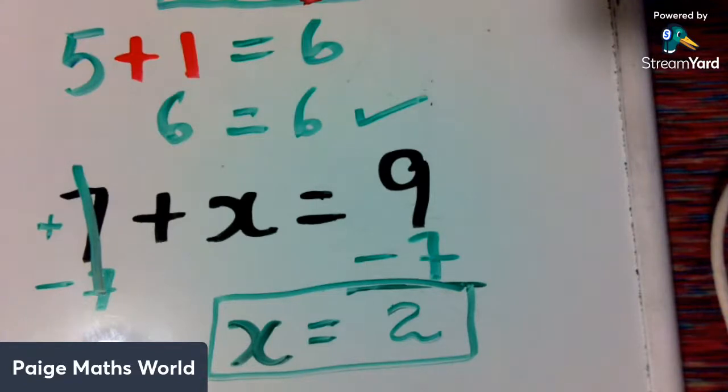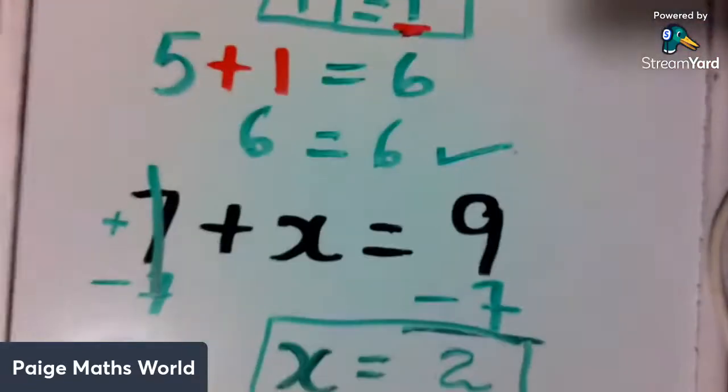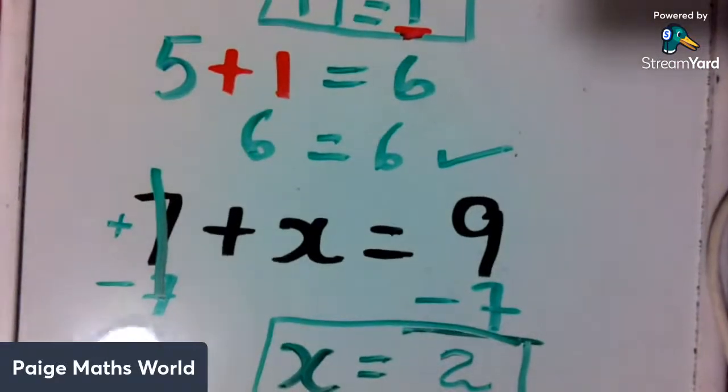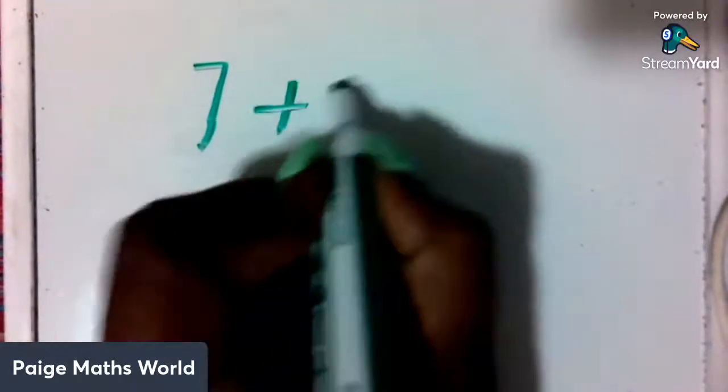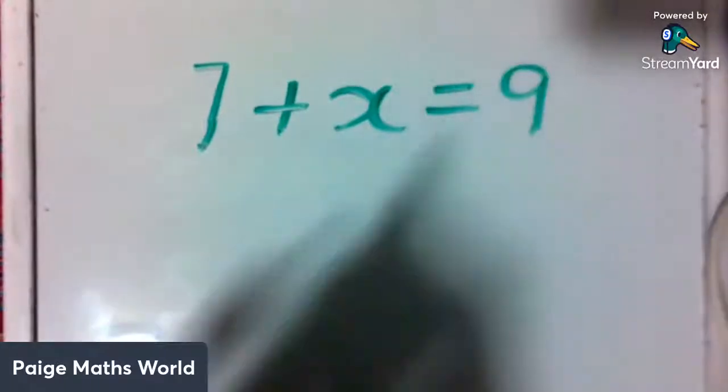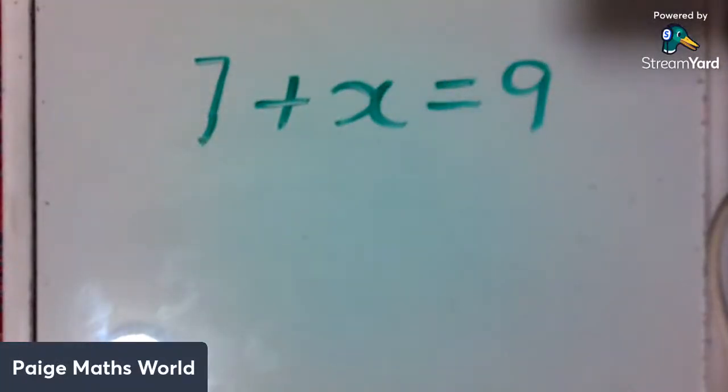All right, so yes, x is equal to 2, Raymond. So let us check to see if indeed x is equal to 2. So we're going to write back the problem. We had 7 plus x is equal to 9, and we figured out that x is equal to 2 after we solved.